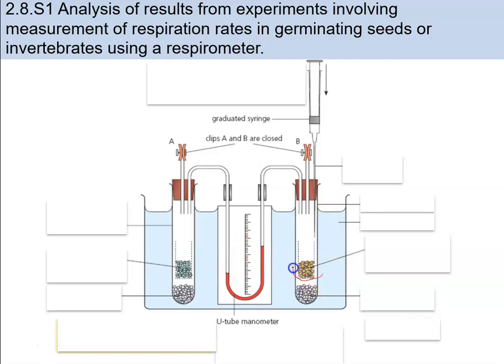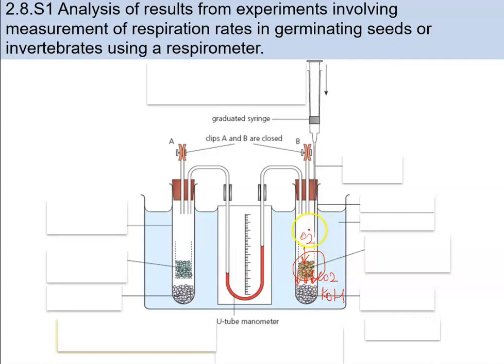We have a germinating seed over here that is going to respire, which means it absorbs oxygen and produces carbon dioxide, but the carbon dioxide moves down because of the KOH, the absorbent of the carbon dioxide.